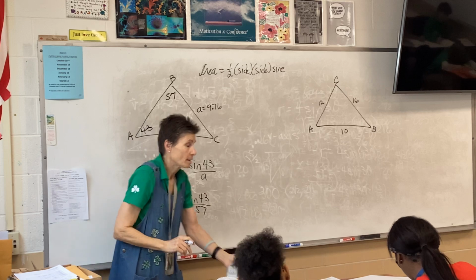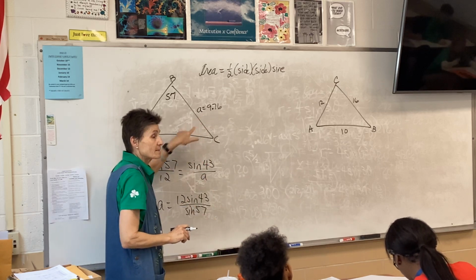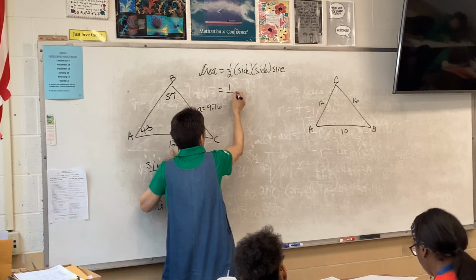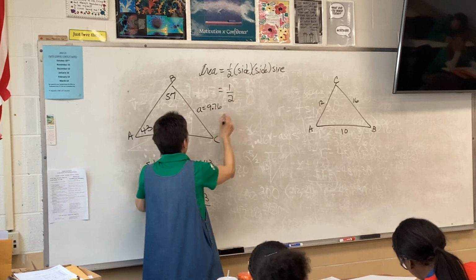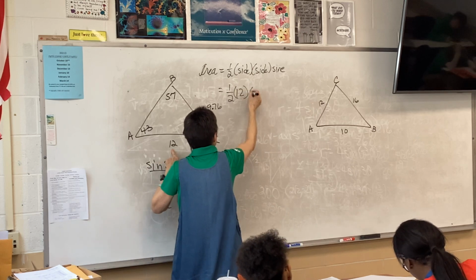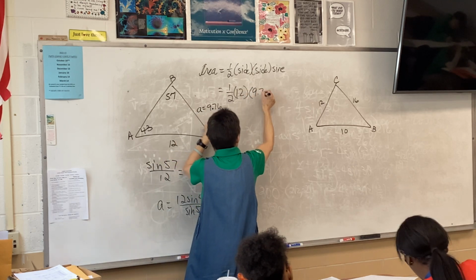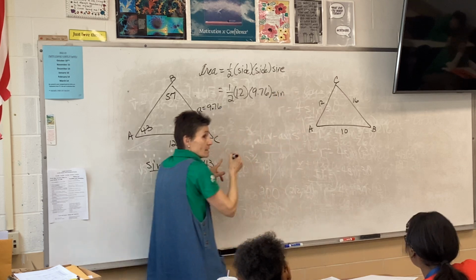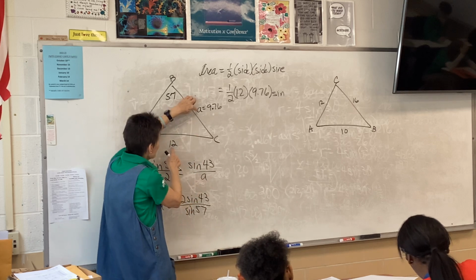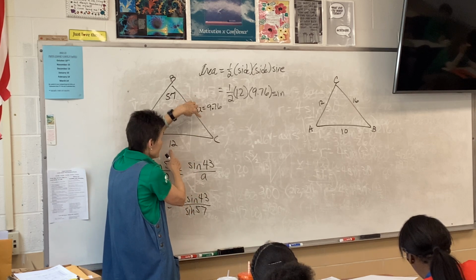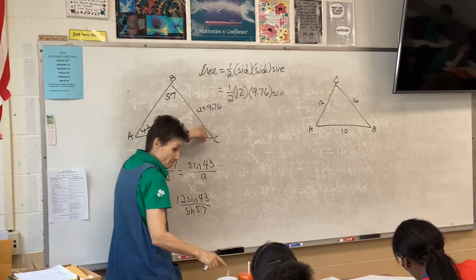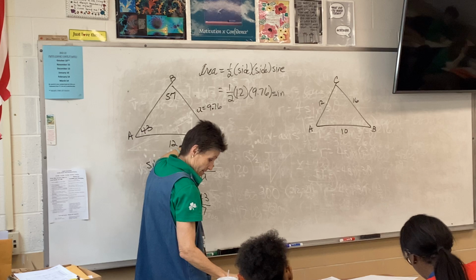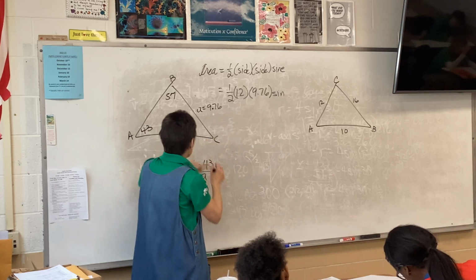Now I have two sides, so I can find the area by doing 1/2 side times side. Now be careful, times sine of what? What angle do I need? If I'm using these two sides, I need angle C, which is 80 degrees. 80 degrees, yep, you're right.